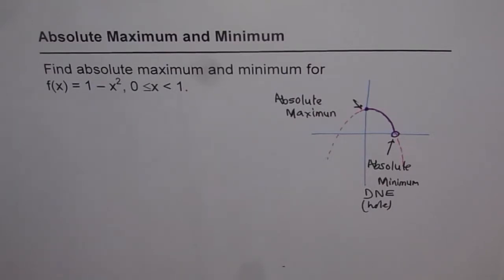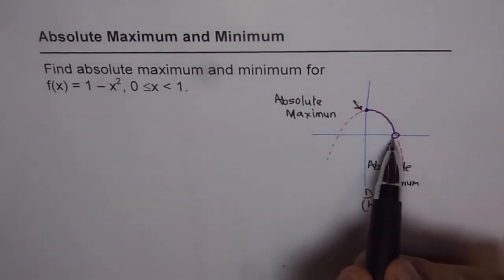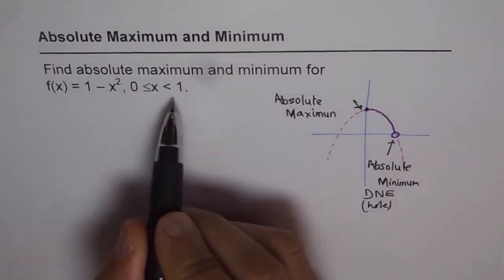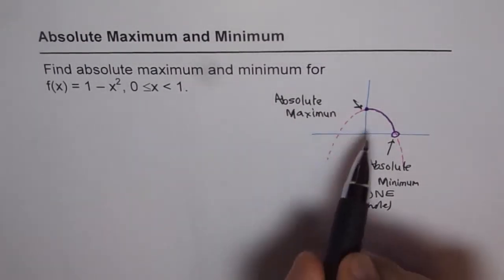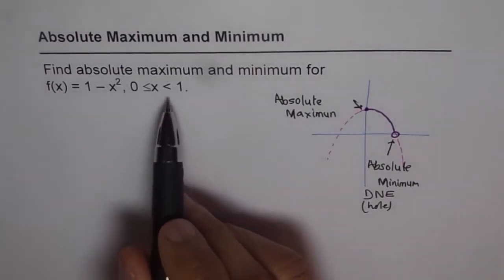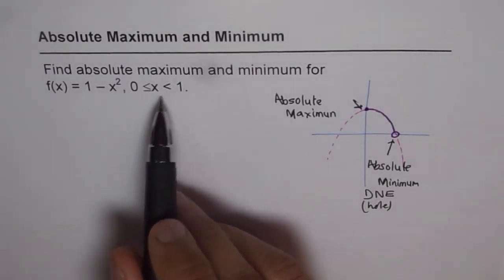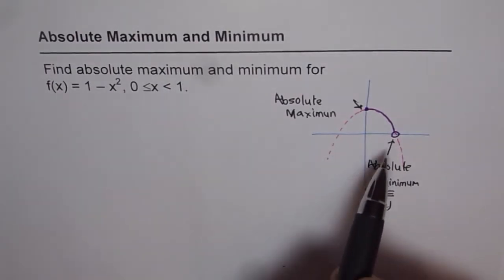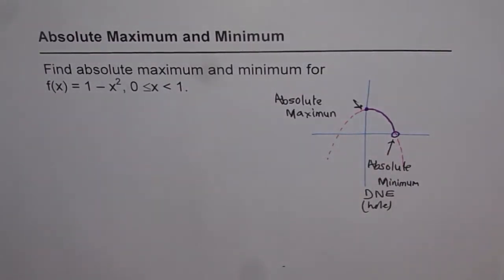Now here, you do have a continuous function in between. So within the given domain, the function is continuous. So we do expect an absolute maximum and an absolute minimum. But since our domain is not bound on the upper end, one of them is possible, the other one is not. Do you see that? Now we could have an absolute maximum or minimum in between.